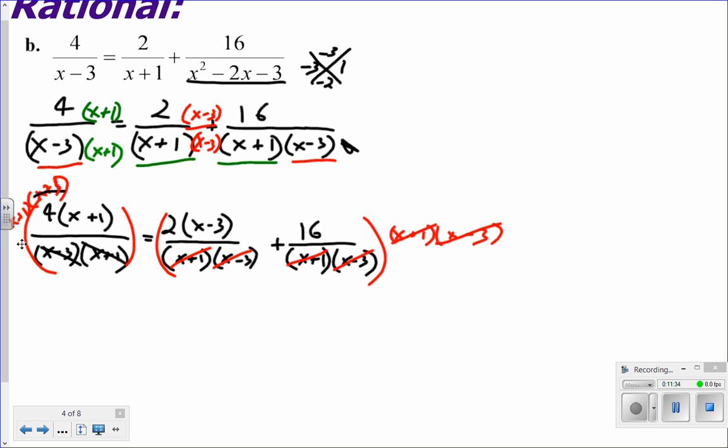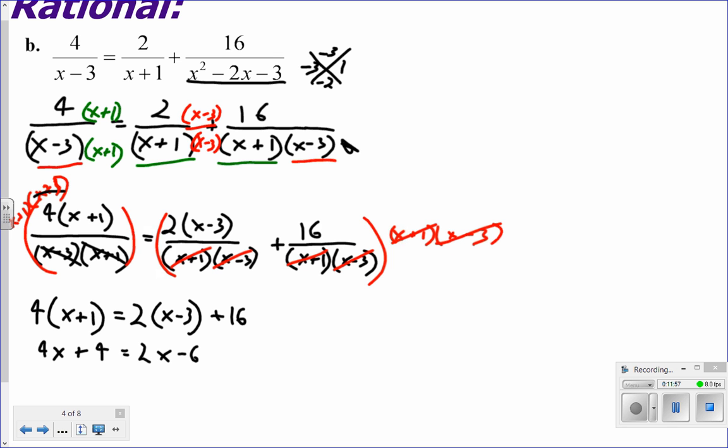So what am I left with? Left with my numerators. So I have 4 times x plus 1 equals 2 times x minus 3 plus 16. All right, so I'm going to distribute: 4x plus 4 equals 2x minus 6 plus 16. I have no squared terms, so this is a linear equation.